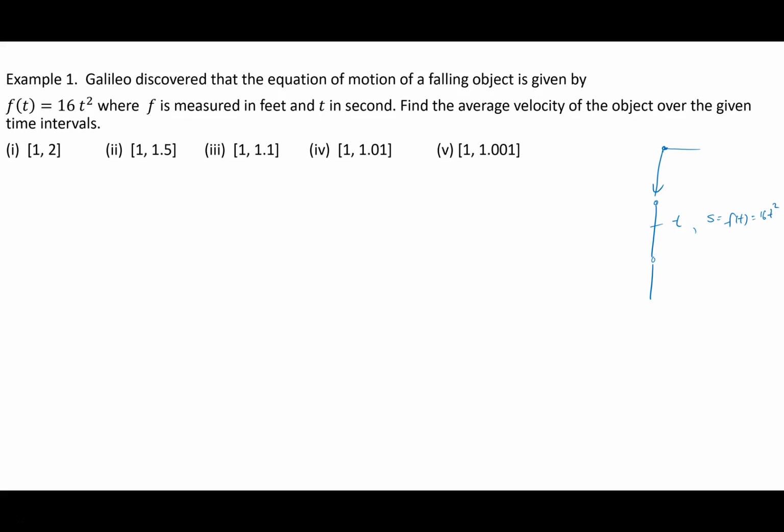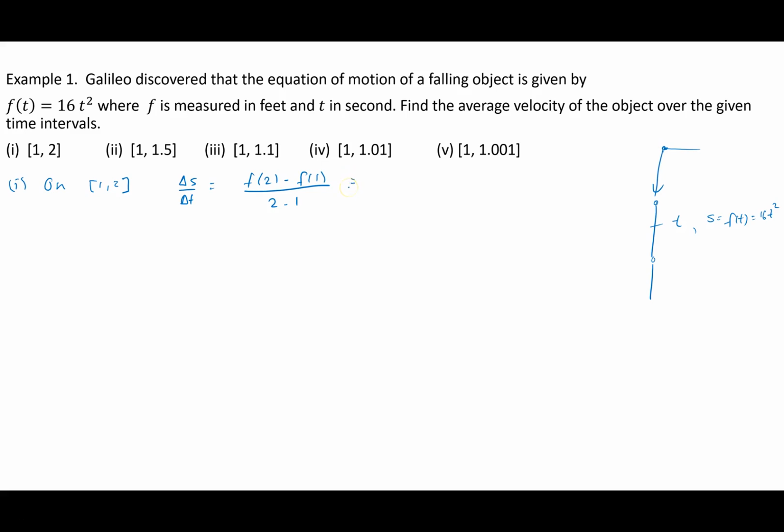Now let's compute the average velocity over different time intervals. Number one, on the time interval 1, 2, the average velocity is given by delta s over delta t, which is f of 2 minus f of 1 over 2 minus 1.